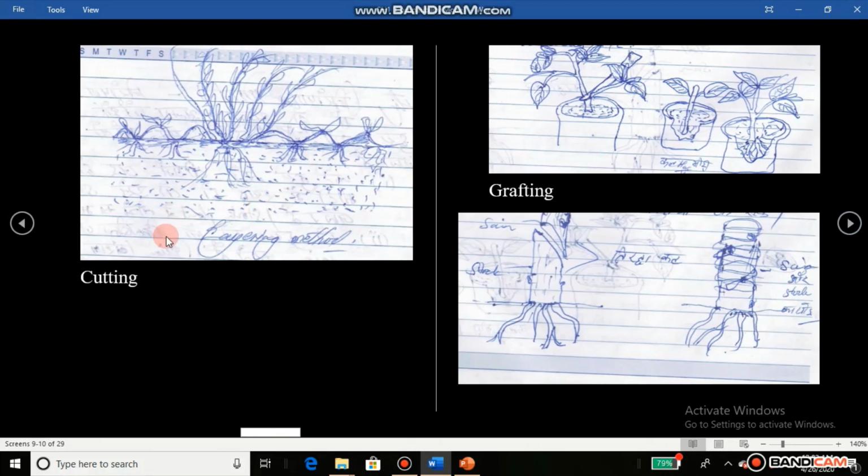We can create new plants from the parent plant by ourselves by the method of layering. This layering method only happens in flexible plants or bed plants which form a flexible stem, such as jasmine, bougainvillea, like this. It is also in the guava plant.